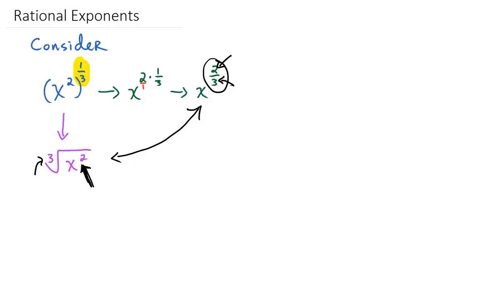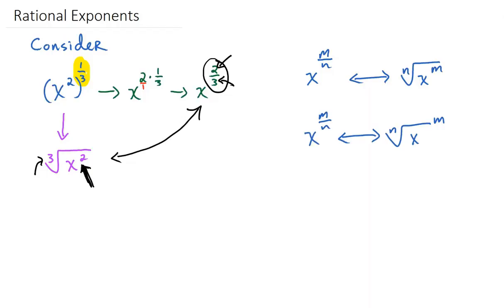So if I wrote out the property for that, it would look like this. x to the m over n corresponds to the nth root of x to the m. We could also write that with the exponent on the outside, so that x to the m over n corresponds to the nth root of x, to the m outside the radical.